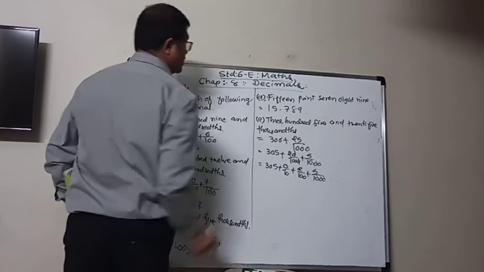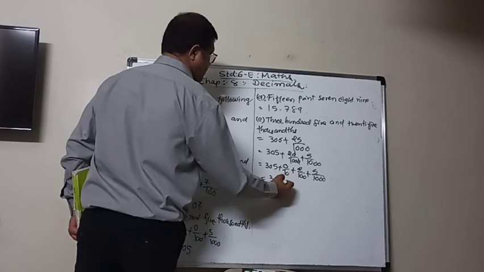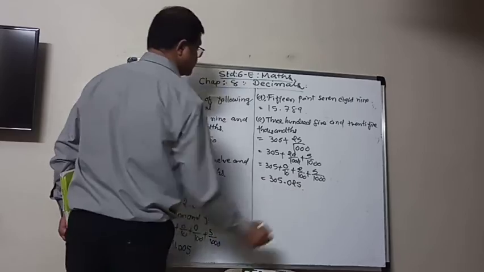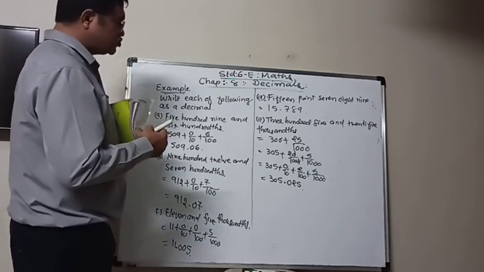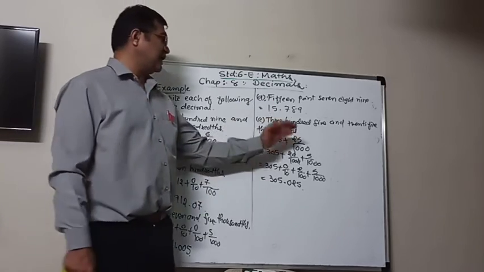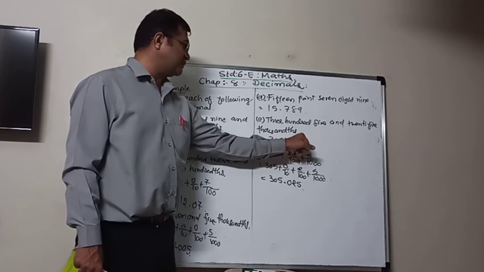So when there is a 2-digit number given along with the thousandths, we have to separate them like 20 plus 5.